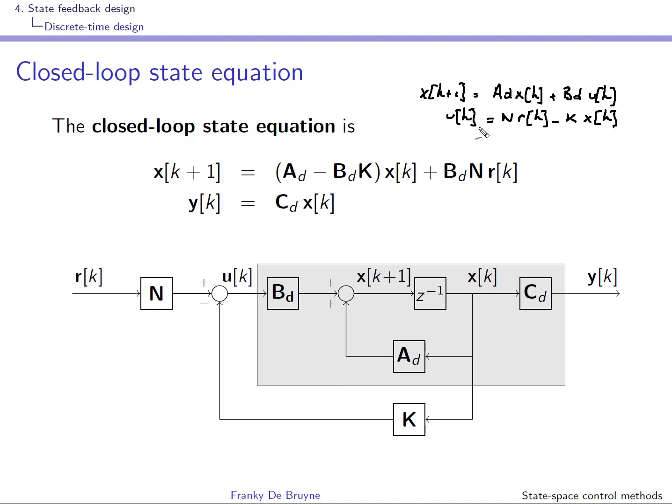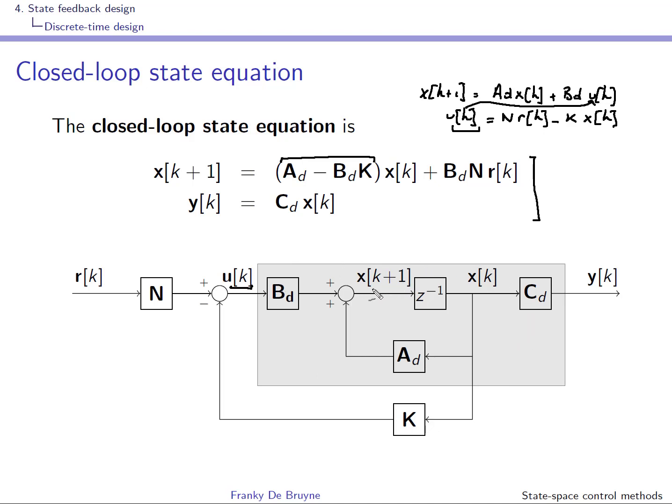If you inject that in the previous equation, this is what you obtain, and we have now a state equation in discrete time with AD minus BD K. This is how it can be represented. Here you see the control law: u of k is N acting on r of k minus K acting on the state, and here you have the linear system.